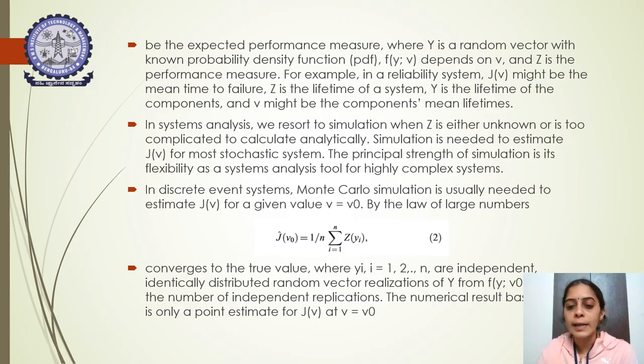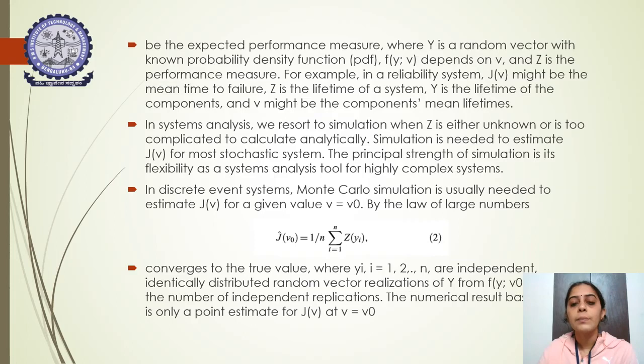Y is a random variable, and this random variable mainly depends upon the value of V, and Z will provide the performance measurement of that particular system. For example, in a reliability system, if J of V might be the mean time to failure, then Z will provide the lifetime of a system.